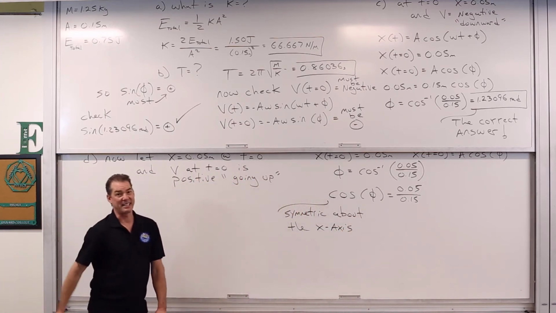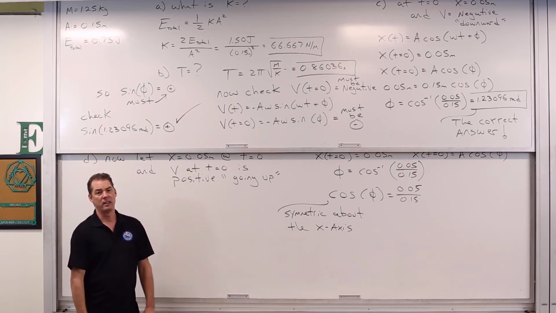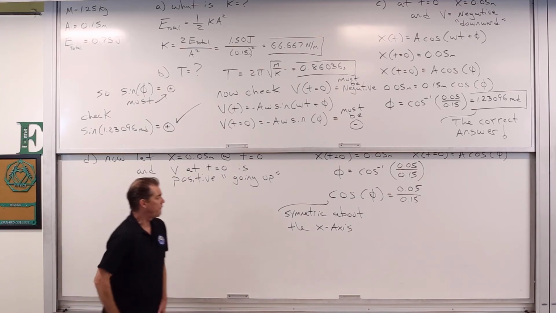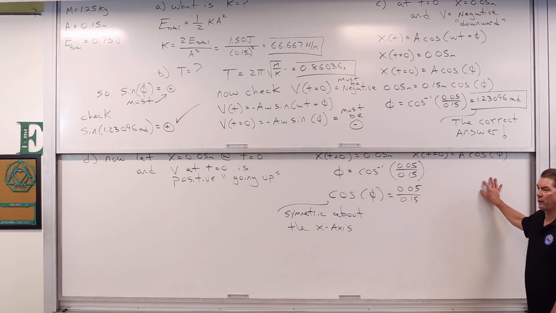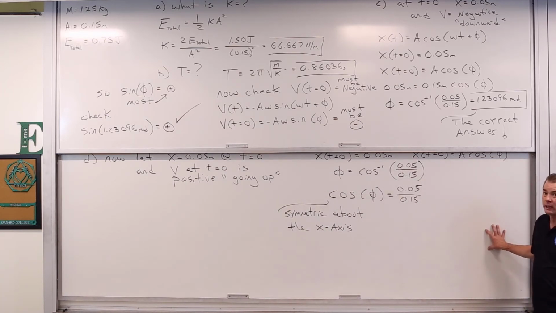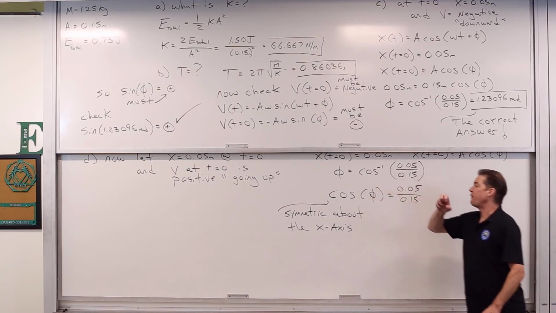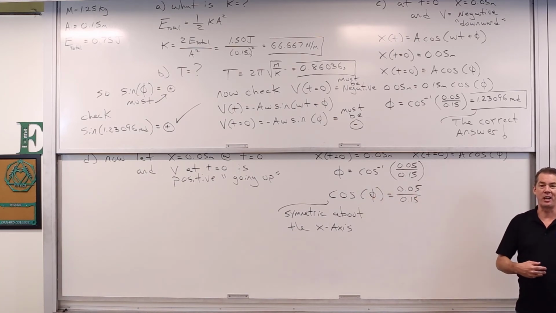Cosine is symmetric about the x-axis. It's an even function, right? Even function. If you have something that is in the first quadrant or in the fourth quadrant, you get the same result. That's it. The cosine of negative phi is equal to the cosine of phi.